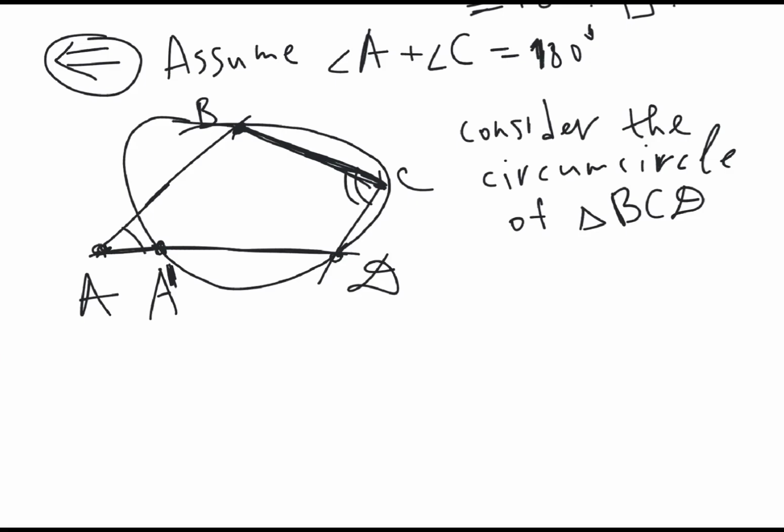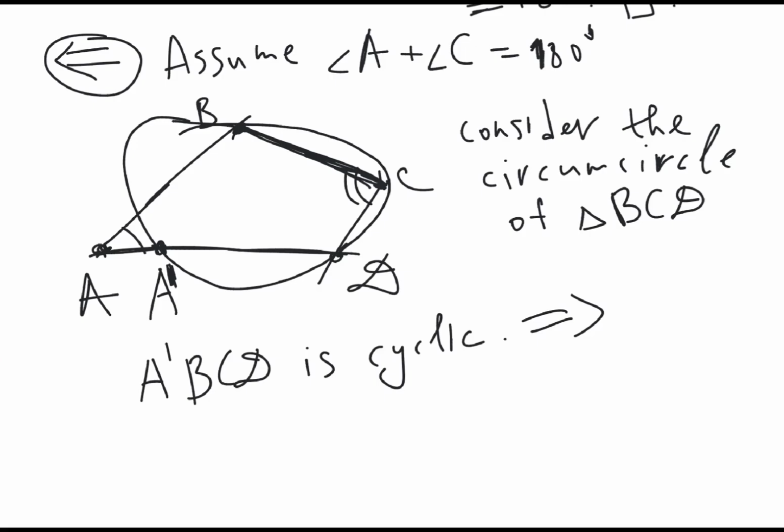So then the quadrilateral A prime BCD is cyclic, right? Because by construction all four of its vertices lie on the same circle. Using the statement in the opposite direction that we already proved, we conclude that the sum of the opposite angles of this quadrilateral is 180 degrees.